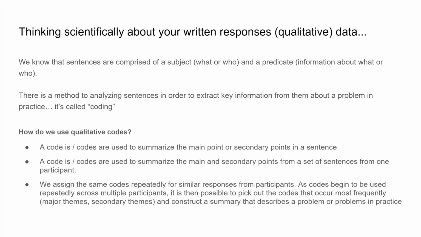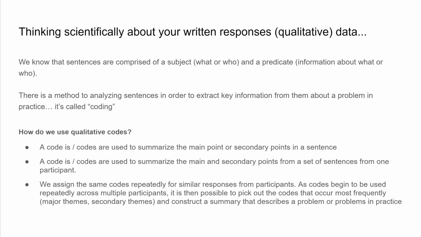We might assign the same codes repeatedly for similar responses from participants. So that could be sentences or paragraphs or groups of sentences. And as those codes are reused, we begin to use them across those participants, in particular multiple participants. Then what happens is we not only have big themes from a participant, but across participants as well.